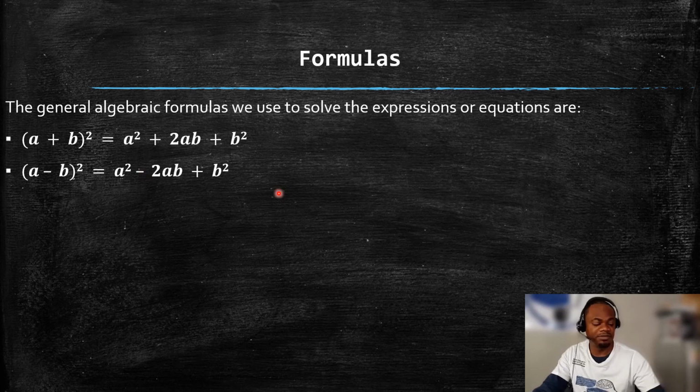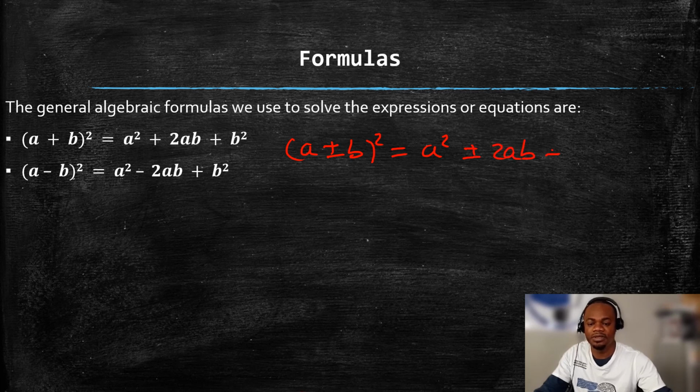Sometimes I write the two expressions as (a plus or minus b) raised to the power of 2 equal to a squared plus or minus 2ab plus b squared. Meaning that when it's positive, it's going to be a squared plus 2ab plus b squared, and when it's negative, it's going to be a squared minus 2ab plus b squared.